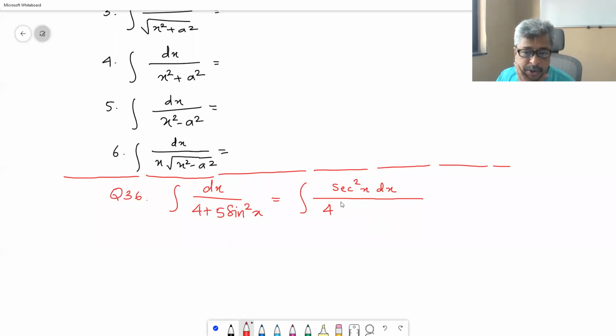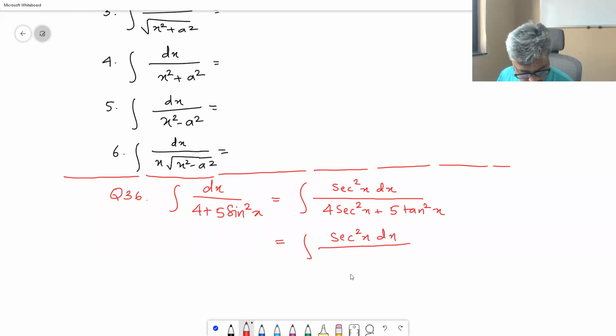Multiplying numerator and denominator by sec square x, you get 4 sec square x plus 5 tan square x. That is integral sec square x dx divided by 4 plus 9 tan square x.